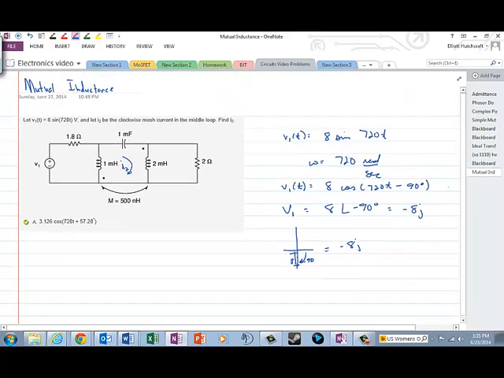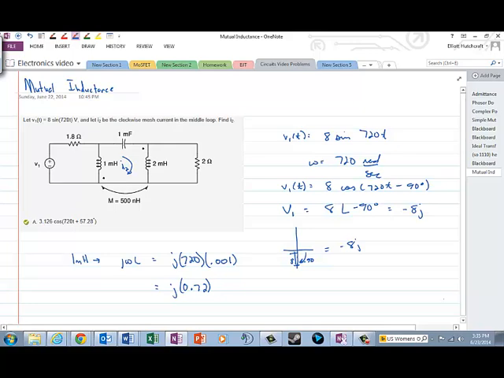So the 1 millihenry we needed to convert from the time domain to the phasor domain. We need j omega L, which equals j times 720 times 0.001, so this is j 0.72.